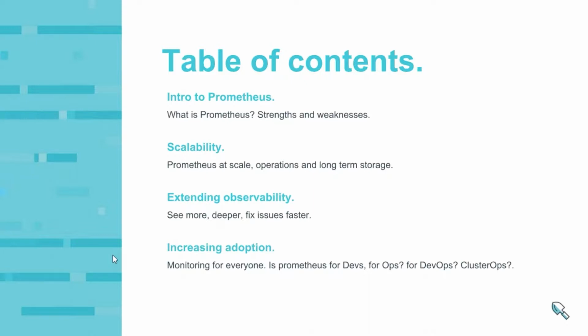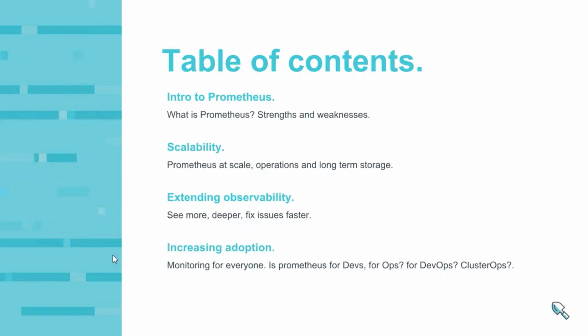But that's not all. Prometheus can be extended in multiple ways. So we can add more visibility, more observability, more information, and shape that information in different ways inside Prometheus.